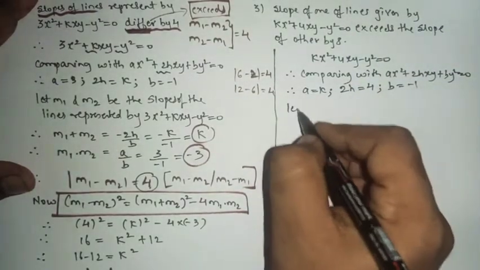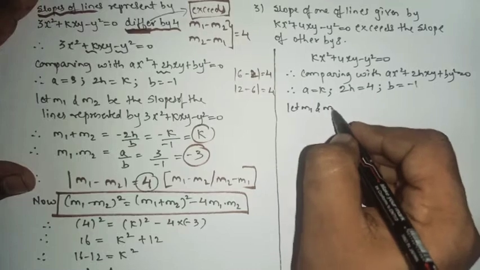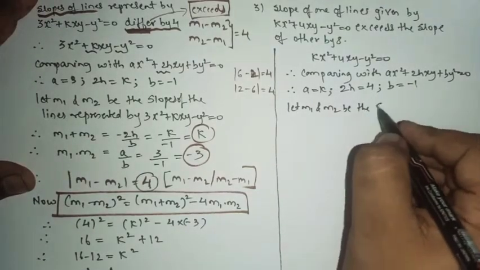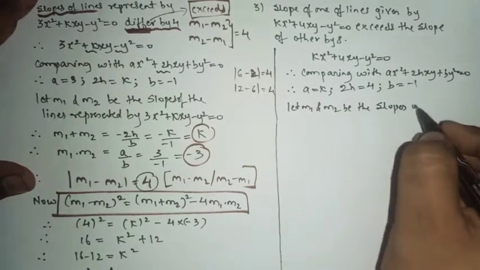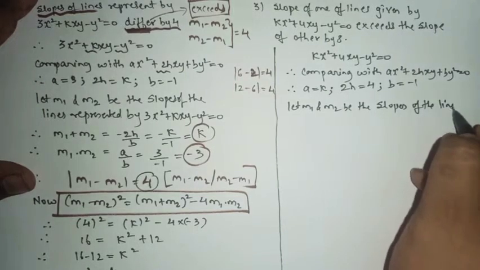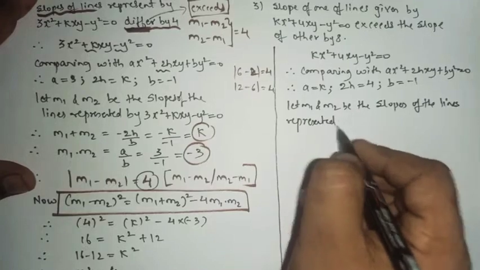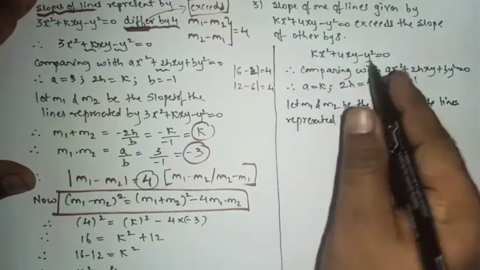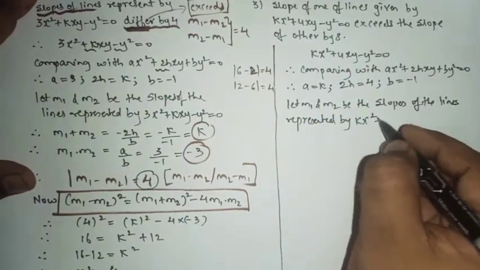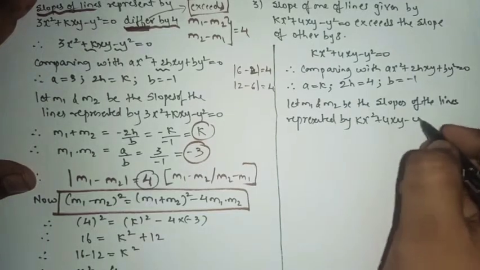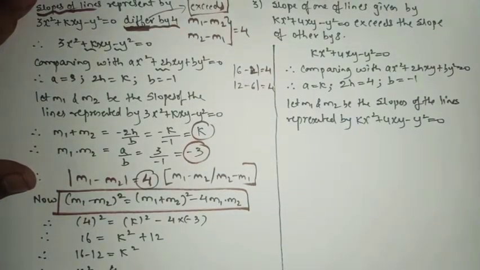So let m1 and m2 be the slopes of the lines represented by the given equation, that is kx square plus 4xy minus y square equals 0.